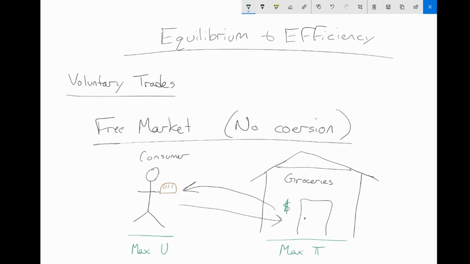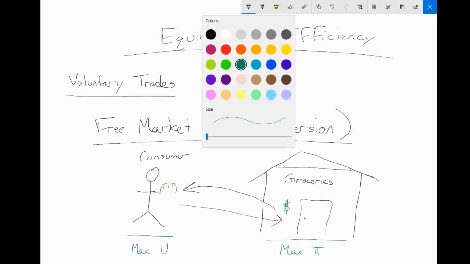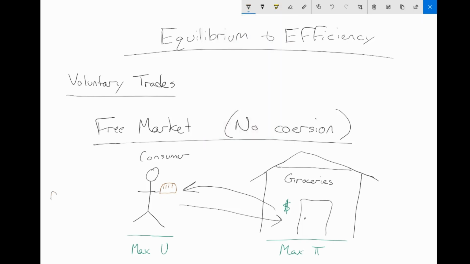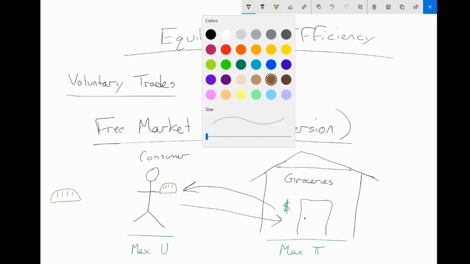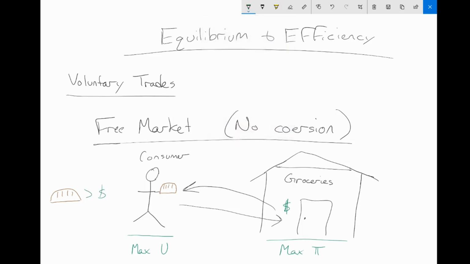That means that when this consumer bought this loaf of bread, they must put a higher value on this loaf of bread than they do on the money that they spent to buy the bread.